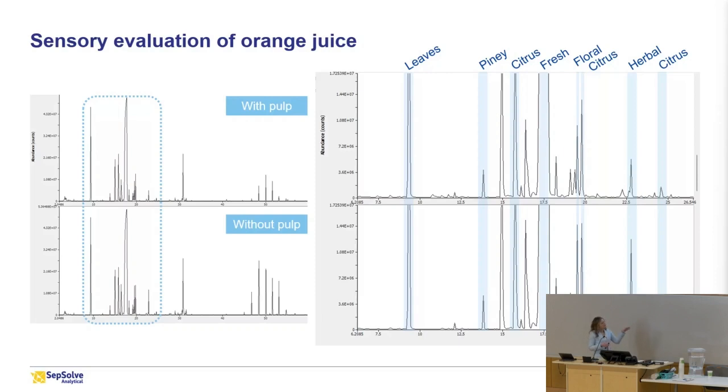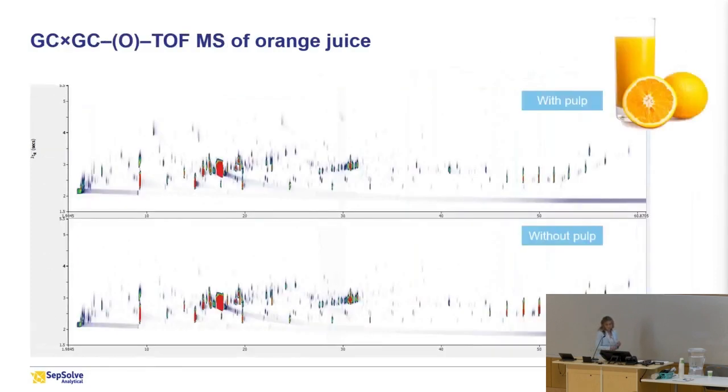All these peaks show up in both chromatograms, and you really need to look deep down at one of these peaks over here that an analyst with an ODP identified as a woody flavor that does not come off in the without-pulp sample.